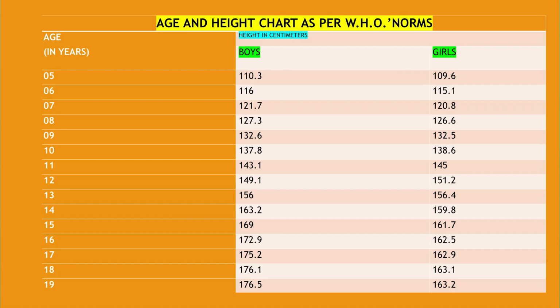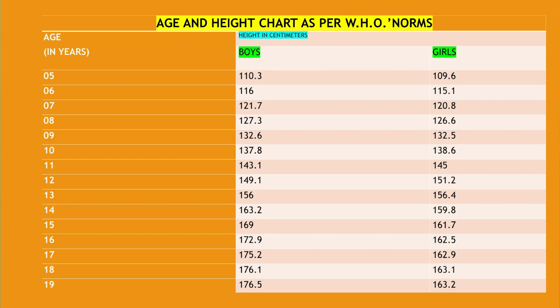From 15 to 19, a boy can grow on an average from 163.2 to 176.5. So, that much height he can achieve.